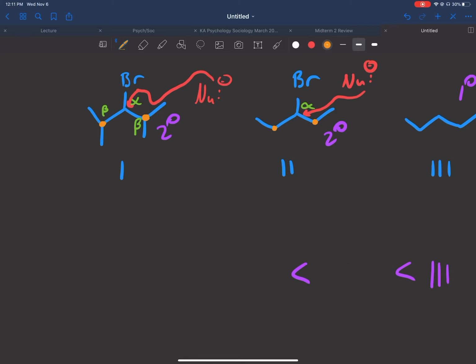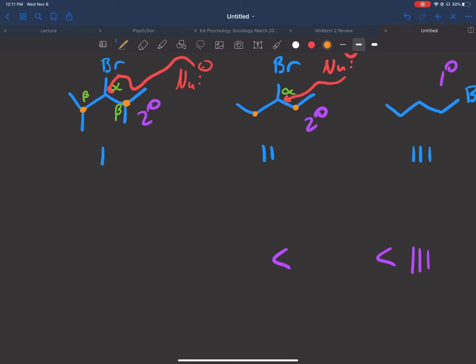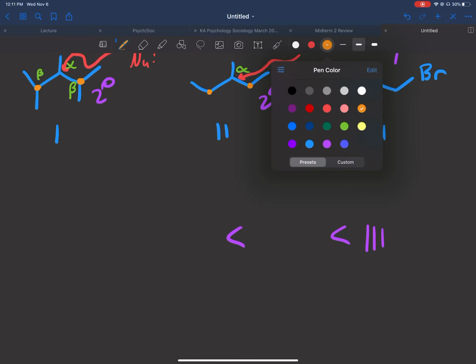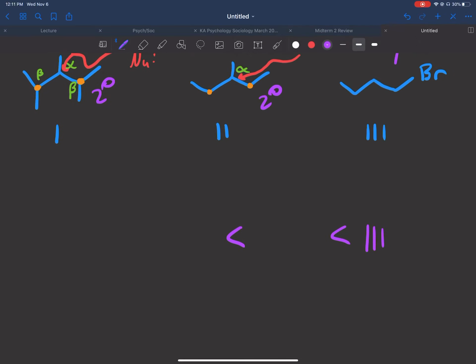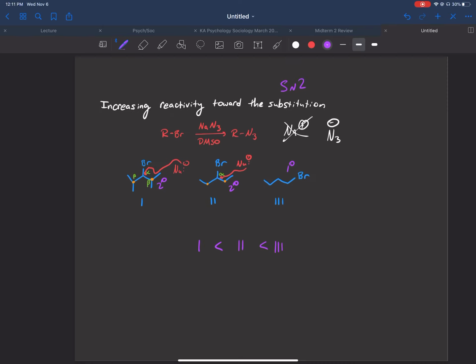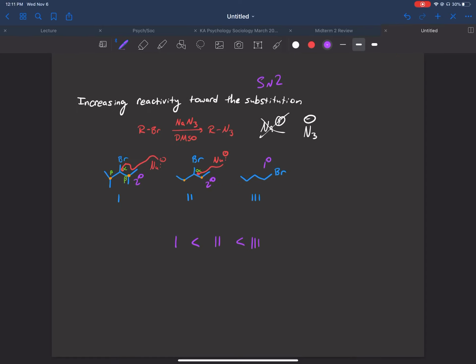That means the less things the nucleophile has to get through, and so SN2 is going to be much faster, right? Whereas on 1, we have too much stuff around it, and so SN2 is going to be harder to happen. So 2 will be more reactive, and 1 will be the least reactive. Great? So that's a question that people would get stuck on if they're relying exclusively on the charts.